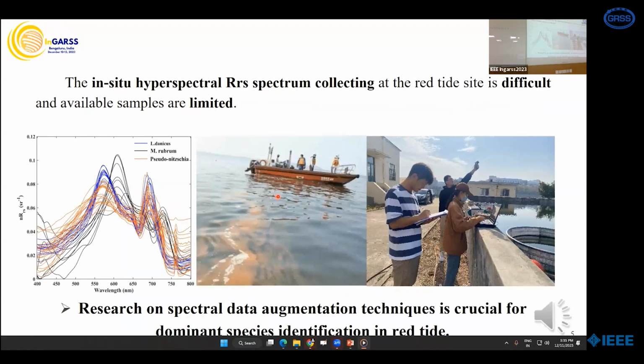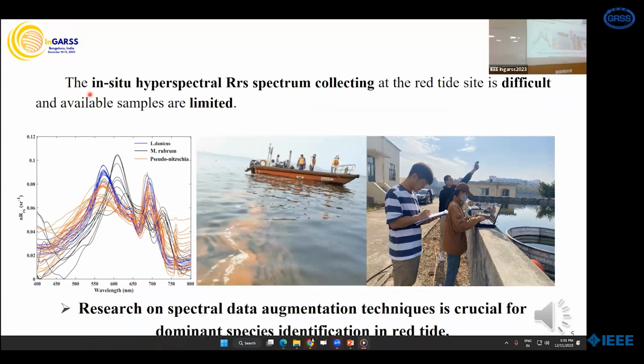Different dominant species have different absorption characteristics, such as the absorption peak position, reflection peak position, and absorption peak. The common method also needs a lot of reference spectra.